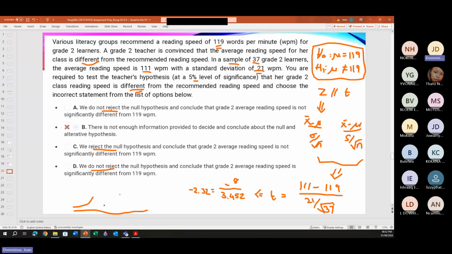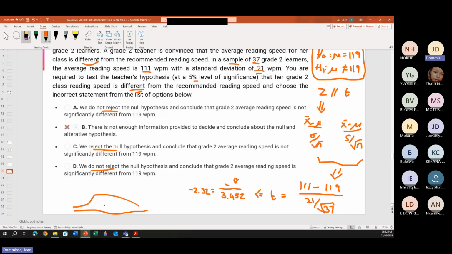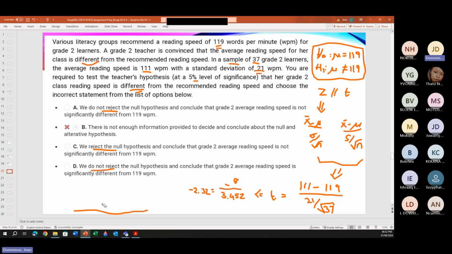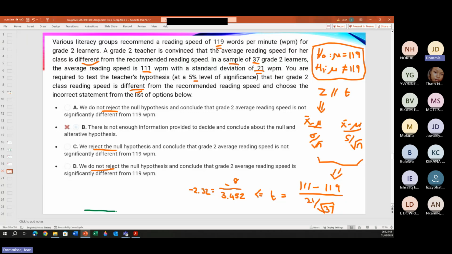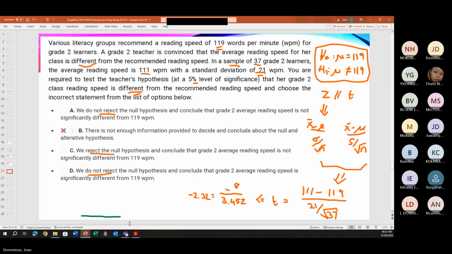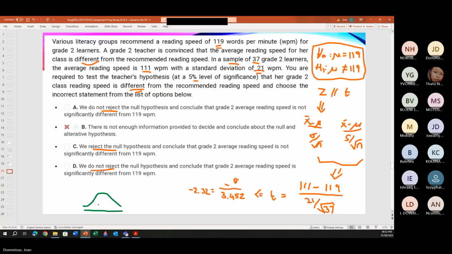The T distribution and Z distribution, if you look at that graph, look very similar. Let's redraw that. Here we are sitting with our T-stat of minus 2.32.